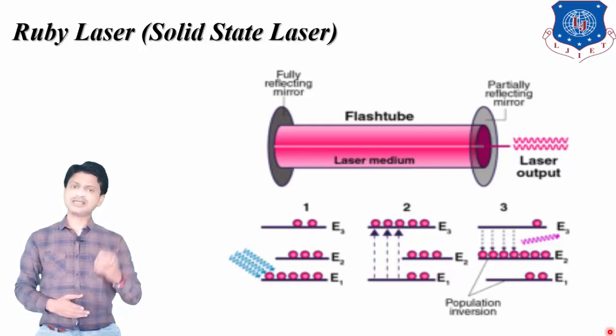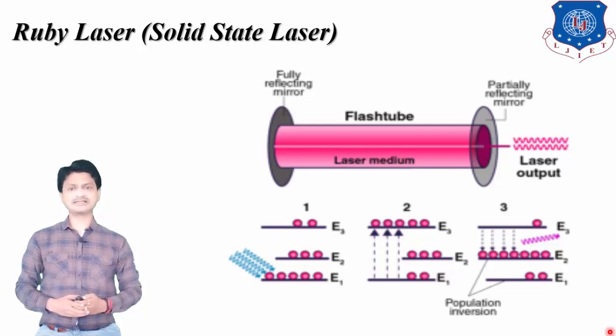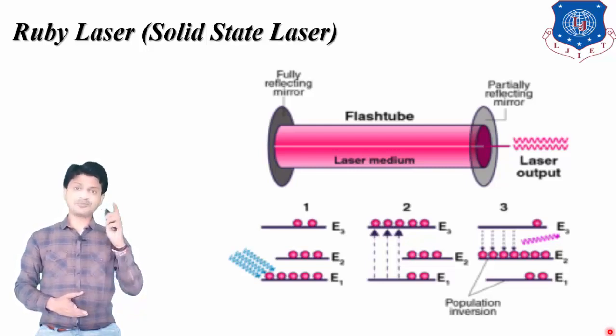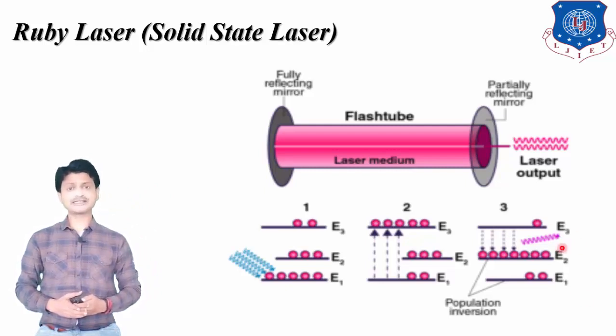The ruby laser is a high power pulse laser in the visible region, but the efficiency of this laser is very low. Here you have to keep in mind for the operation that some of the atoms in state E3 emit photons spontaneously by falling into the ground state.